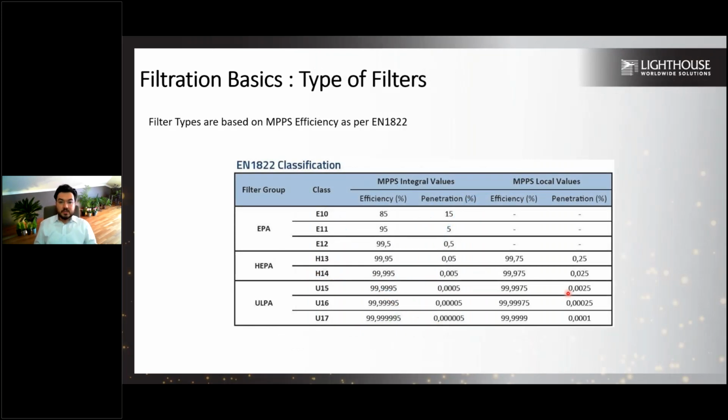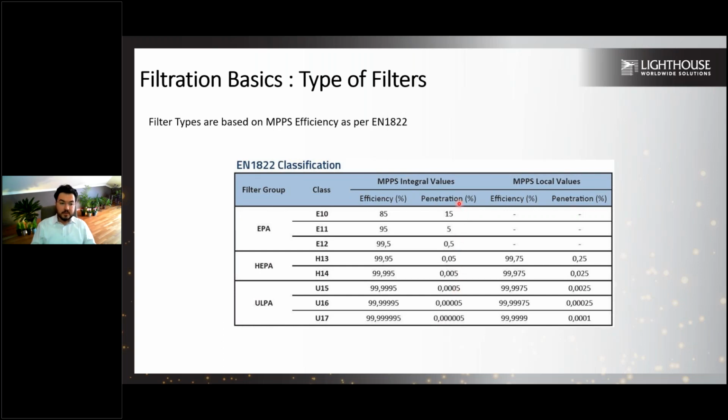So for classification, EN 1822, we will come later on under these regulations, but I want to emphasize that all EPA and HEPA filtration comes with an efficiency and penetration value. Efficiency is what you captured, penetration is what you are sending on the downside of your filter, which is the cleanest part of your area.